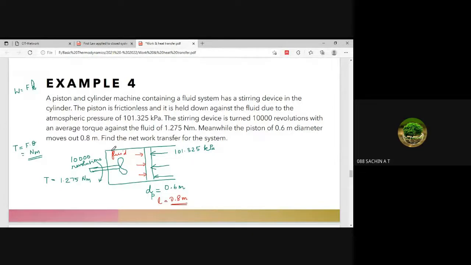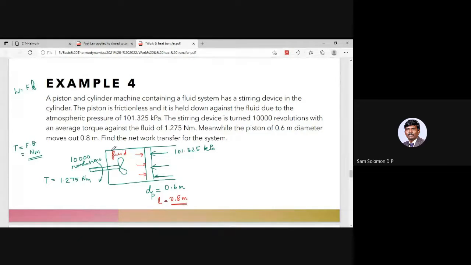Increases. Okay, so when the pressure increases beyond the atmospheric pressure, then what happens? Expansion. The piston will be pushed by the fluid. This is something like you have two forces acting.